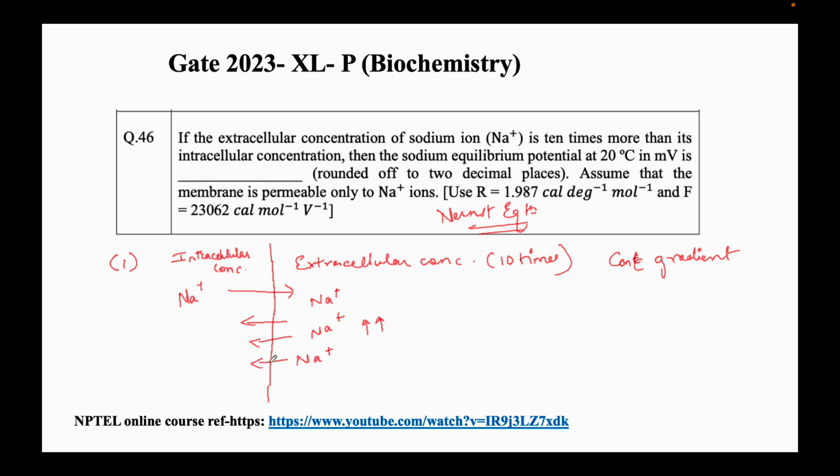While moving from higher to lower, it develops a concentration gradient, and since Na plus is a positively charged ion, it will also create a potential gradient.